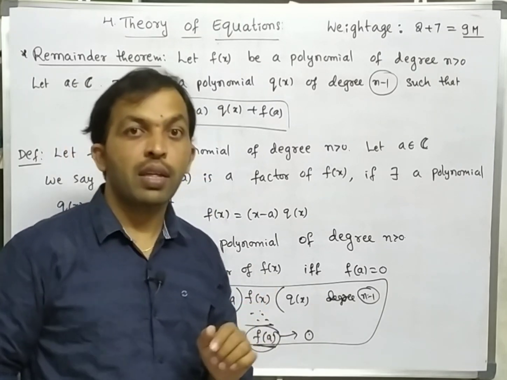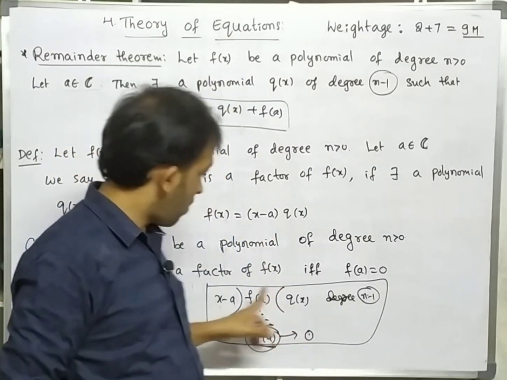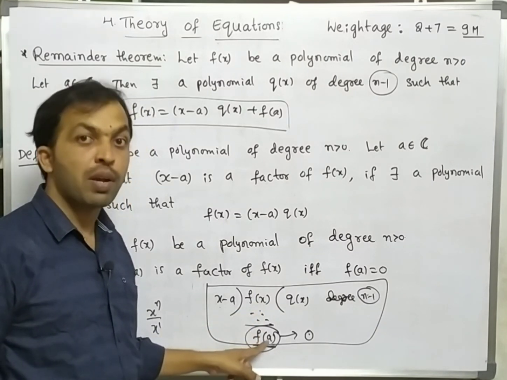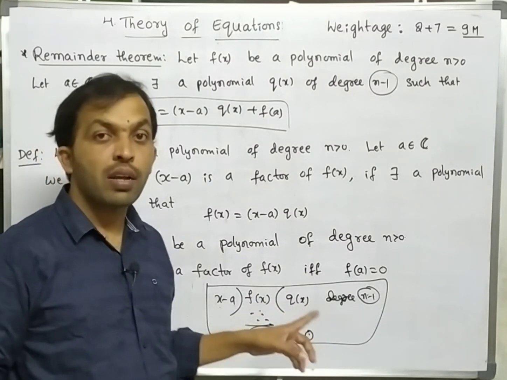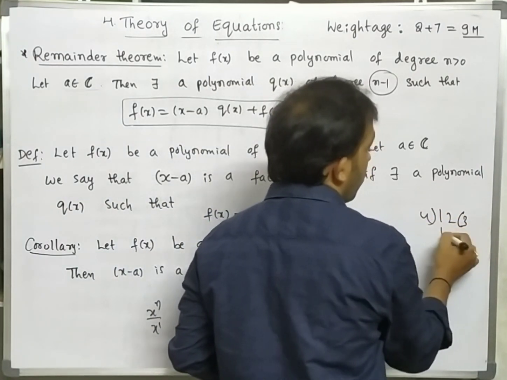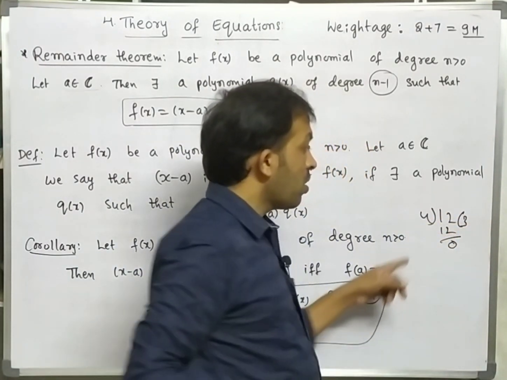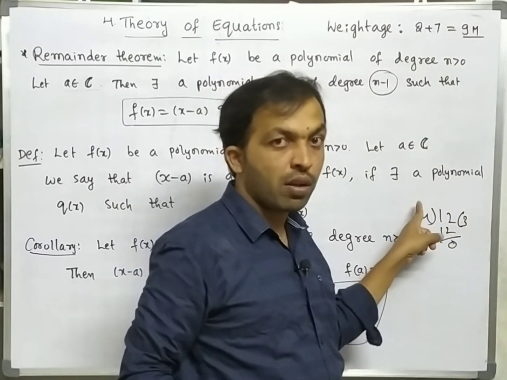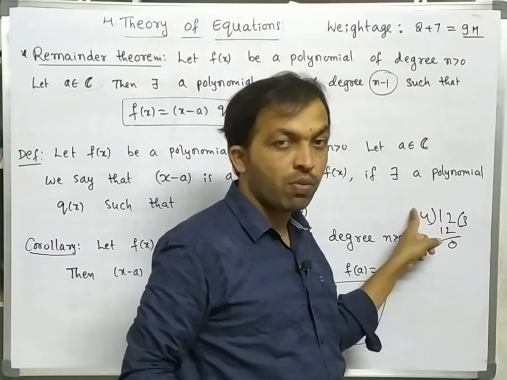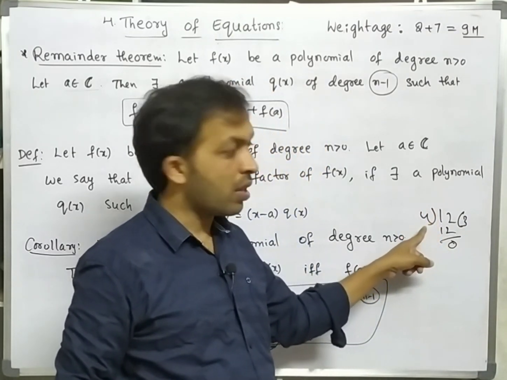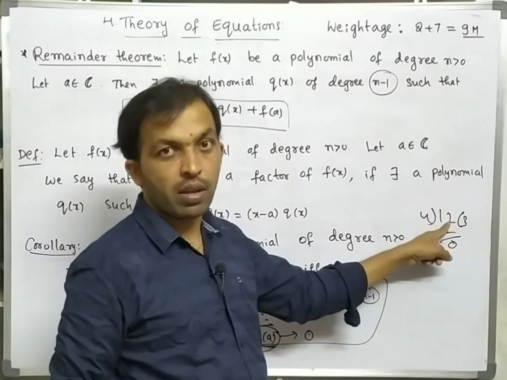Then we can say that x minus a divides f of x exactly, which means the remainder is 0. Like 4 threes are 12, remainder 0. So 4 divides 12 exactly, that is, after dividing 12 with 4 we get 0 as remainder. In this case we can say that 4 is a factor of 12, right?